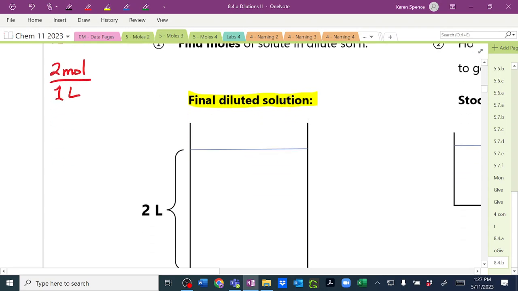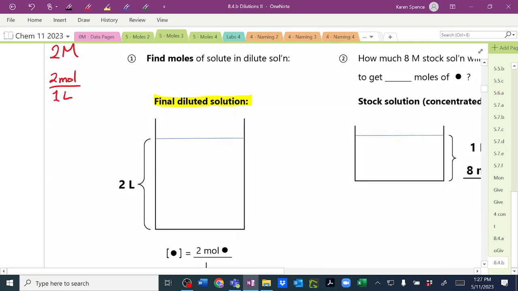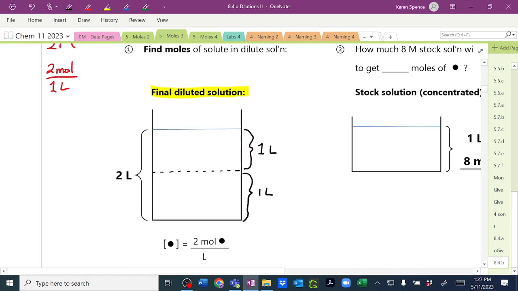So if we want to actually draw this, our 2 moles per liter, I'm going to divide this up so I can see my individual liters, okay? So in my top half, I have 1 liter, and in the bottom half, I have 1 liter, and I want to have 2 moles per liter. So how many dots do I have to put in each liter? 2.